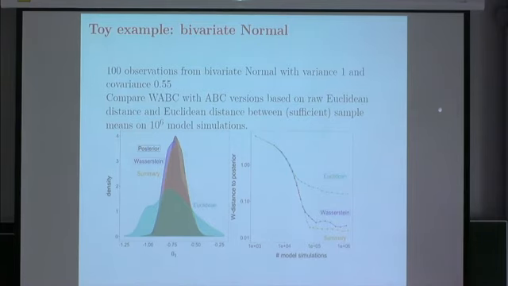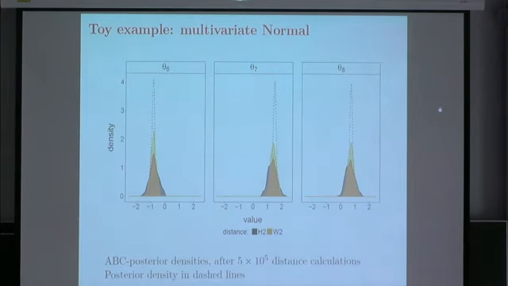But Wasserstein gets close to using the summary, so it gets close to the exact ABC in the setting for the same number of simulations, not the same simulation time. But you can see in this picture for 10^6 simulations that we are very close to the posterior. And then if we move to larger dimensions, we keep that property that the regular distance keeps being worse than the Wasserstein one.